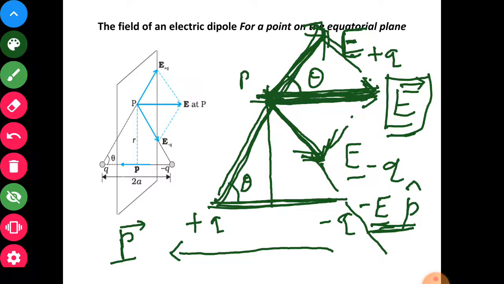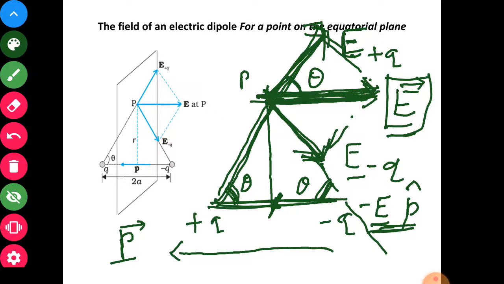So if this angle is theta, then this will also be theta. Now this angle will also be theta because this is the midpoint. So these two angles will be the same here.